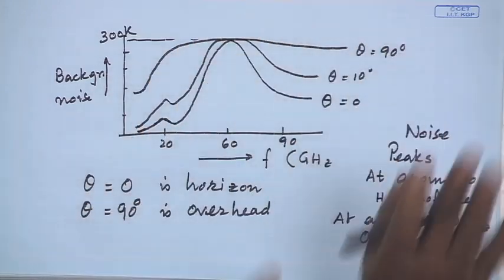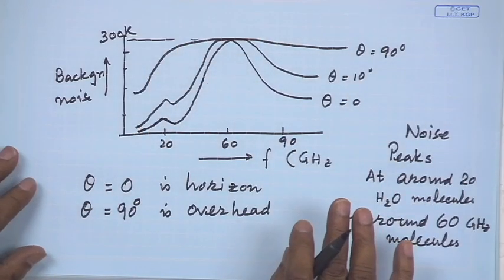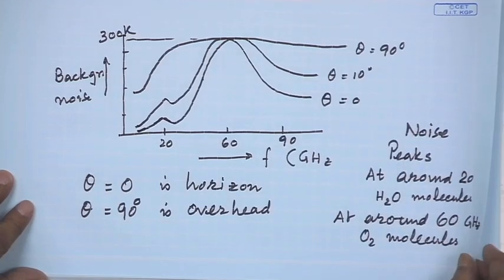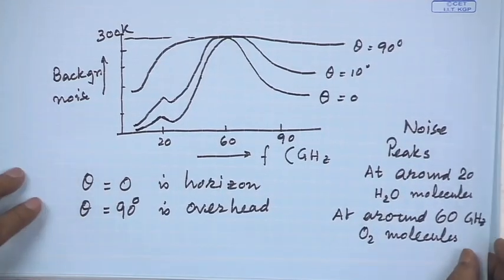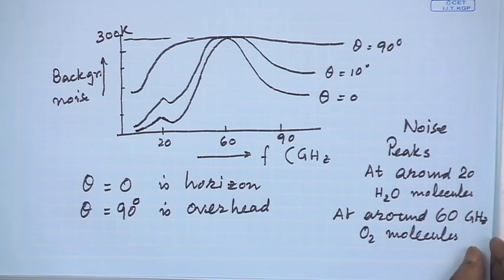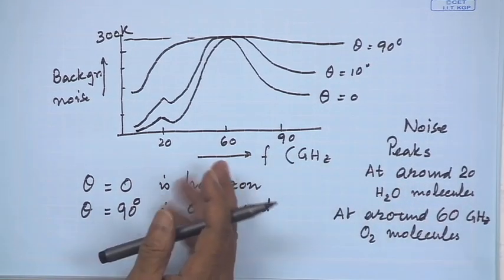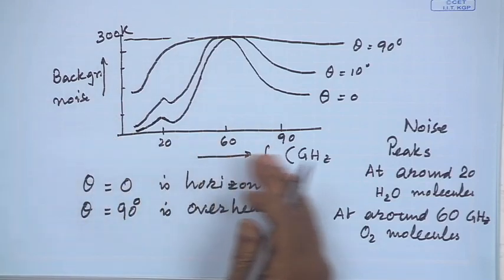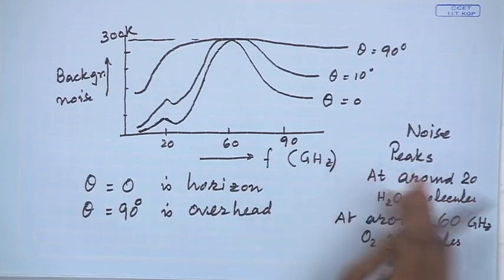Now, these can be utilized for various purposes, but these are observations, these are measured values plotted. You can see these graphs in many textbooks. So, that means it varies with elevation angle, and it also depends on the frequency. These are the two observations from the sky noise.